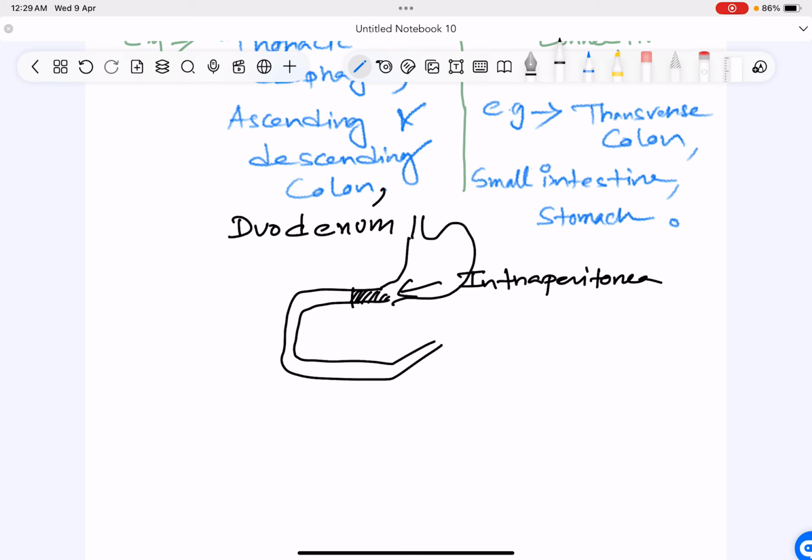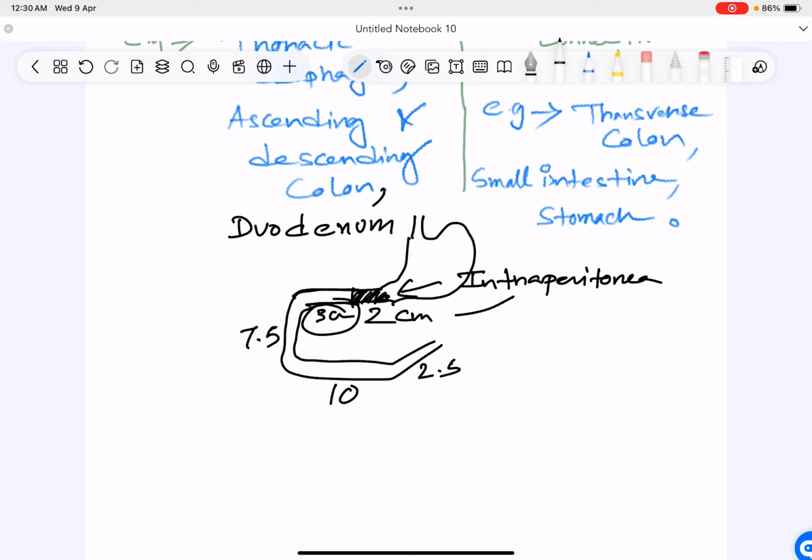So the part in continuation with the stomach is the intraperitoneal part. It is not even the entire superior duodenum. The superior duodenum is only 5 centimeters, and out of 5, only 2 centimeters is intraperitoneal. The remaining 3 centimeters is extraperitoneal. 7.5, 10, 2.5.